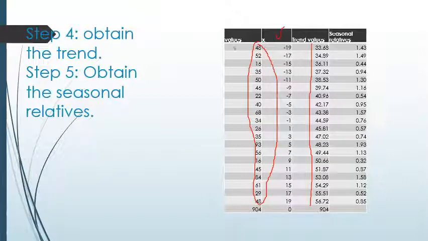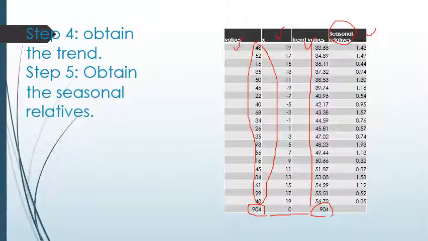We divide these values over these, and we have this column which is seasonal relatives. You can see that the sum of the original values is here, and the sum of the trend values is here. They are the same, equal, which means our regression is correct.